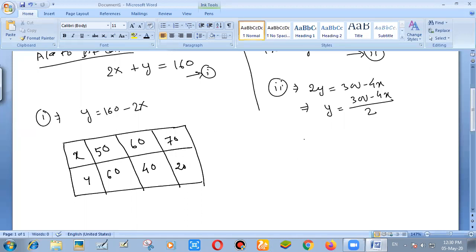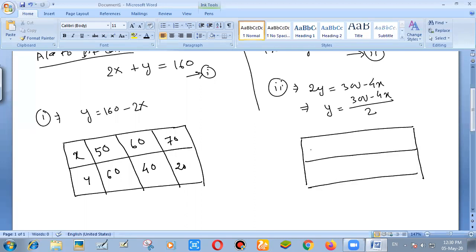Again, for this equation, make one table with x and y. Then suppose here, if you put x equal to 50, then what will be the value of y here? What is the value, Dipjyoti? What is the value? 50.